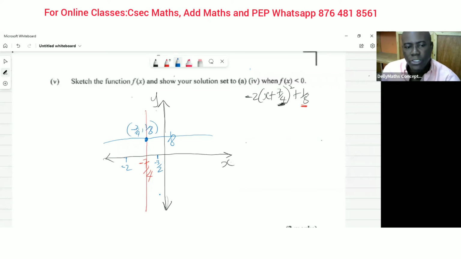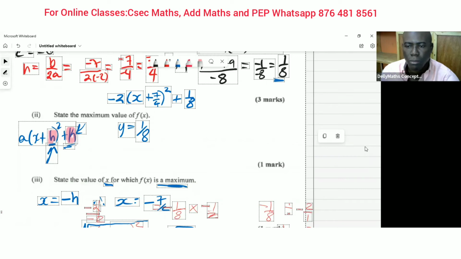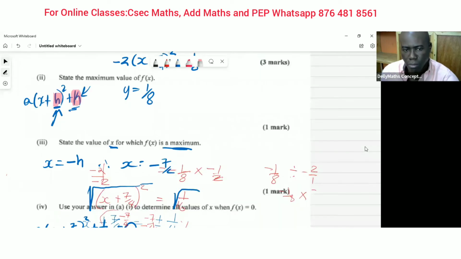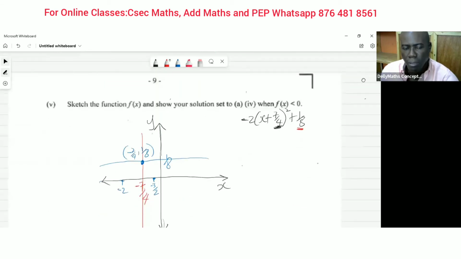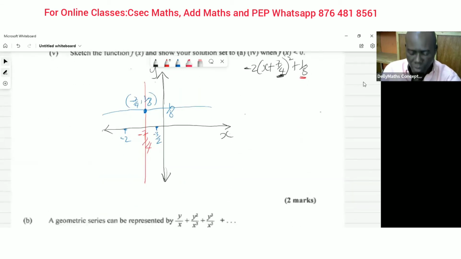So that's my turning point there, and it's going to come here and here, and it's going to cross the y-axis somewhere. Where did it cross the y-axis? -6. So let's do our sketching here. We're gonna go up through here, down here, and that's our -6 down there.